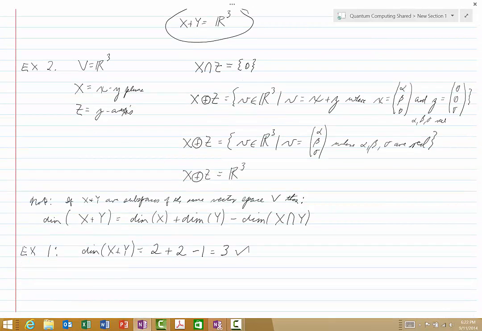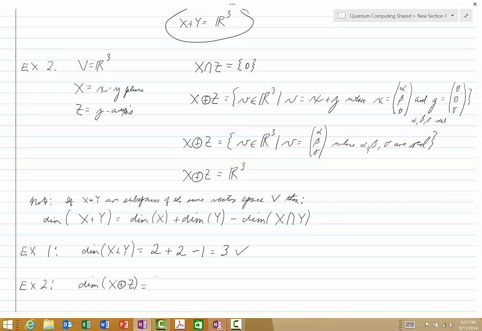Now notice, though, that in example 2, when we talk about a direct sum, and I'll go ahead and use Z, so when we apply this same rule for a direct sum, because after all, a direct sum is a sum. It's a little more than a sum.